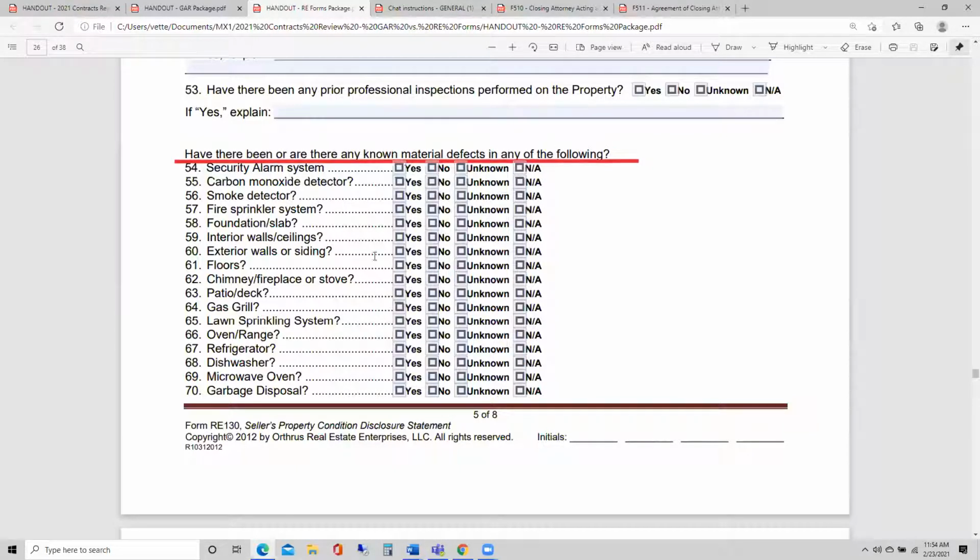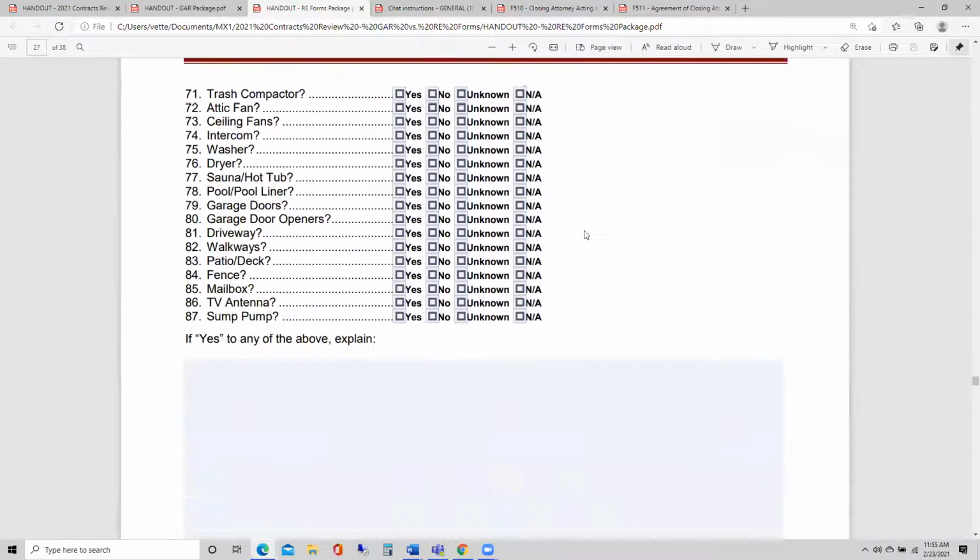But look at what the seller fills out here. Have there been or are there any known material defects of any of the following? Yes, no, unknown, or not applicable. There's no provision for a seller to indicate what the seller is removing from the property at closing, which assumes that all of these items are staying with the property at closing.